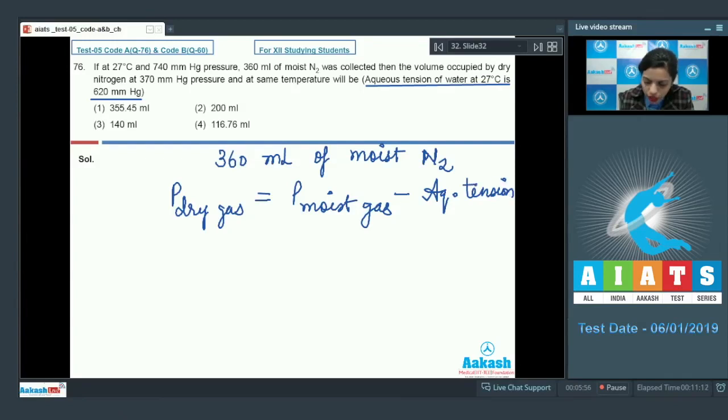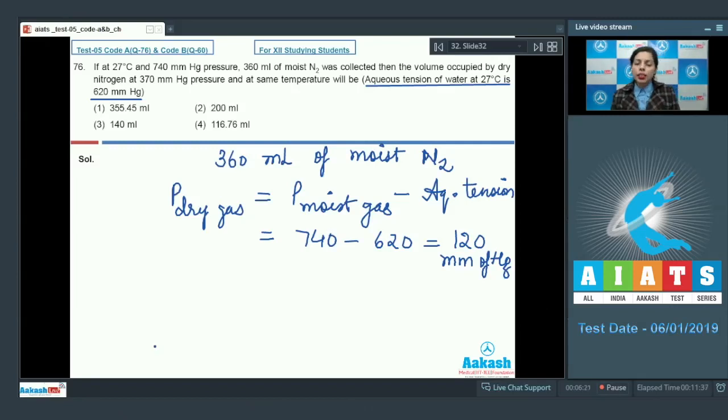And aqueous tension is already given in the question. Pressure of the moist gas as per the question is 740 mm of Hg, while the aqueous tension is 620 mm of Hg. It means the pressure of the dry gas is 120 mm of Hg.